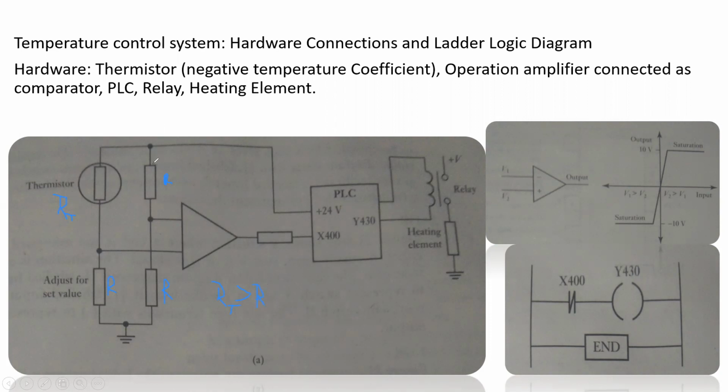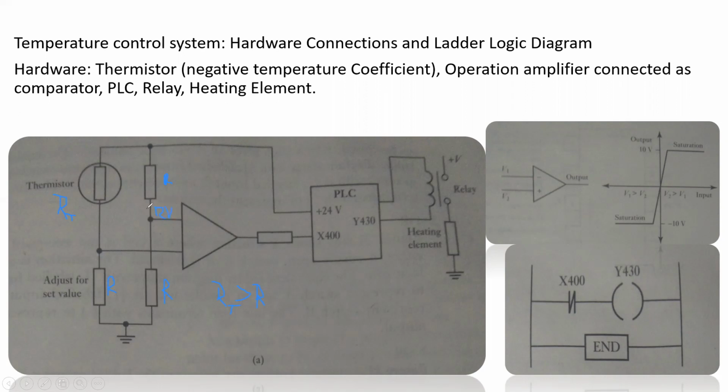So what is happening? These two are acting as a voltage divider, because the resistances are equal. Then the potential drop will be equal across both the resistors, so this point will have potential 12 volts.